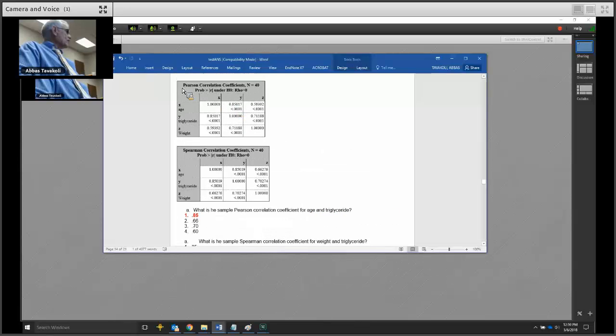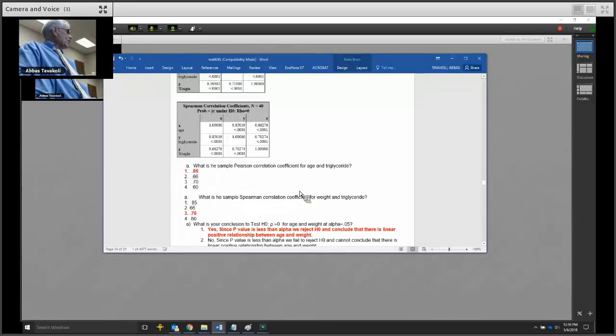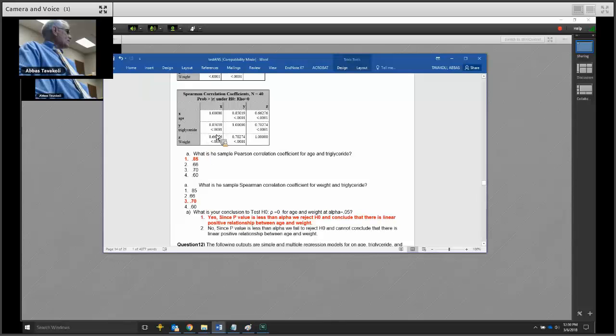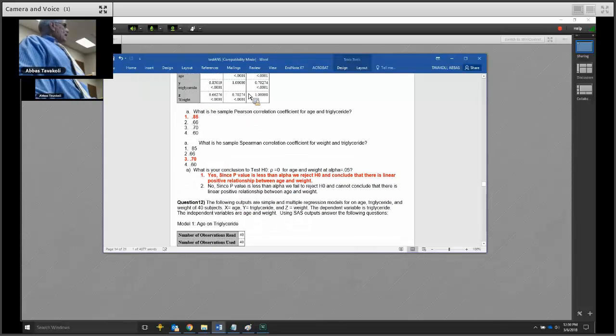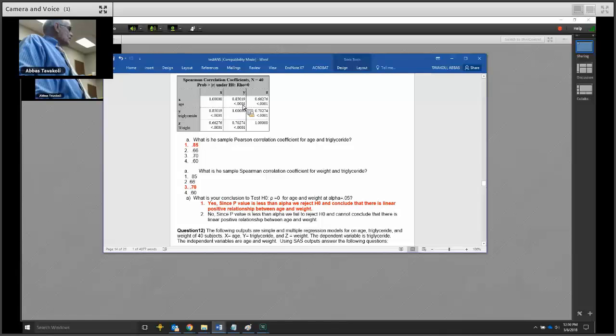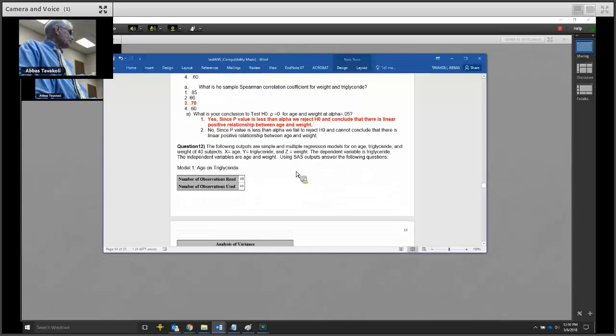That was Pearson. For weight and triglyceride, it is 0.70. And then it's testing if age and weight are related. All of these p-values are less than 0.05, so therefore they are significant.